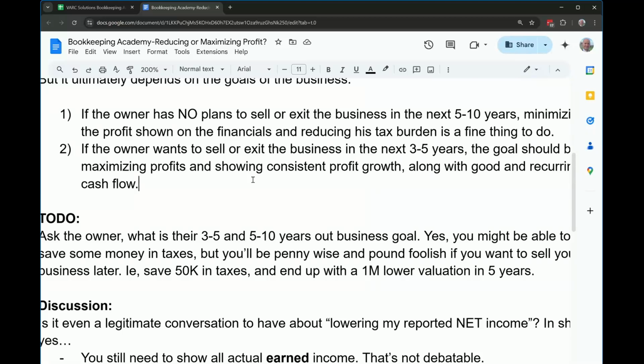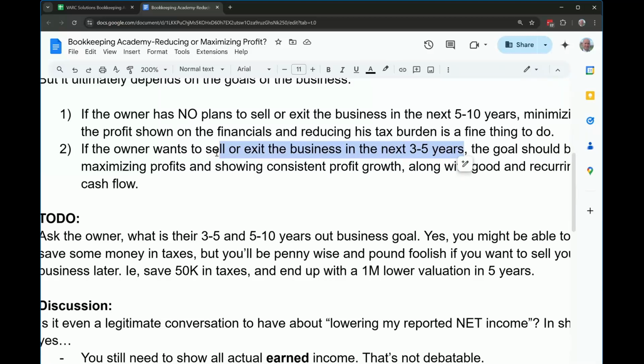But there's other family-based businesses, where I might have started this business back in the 1950s, and then I handed it off to my son or daughter, and then they've grown it the last 30 years, and now their plan is to hand it off to my granddaughter, that kind of thing. When you've got generational family-based businesses, you're not looking to sell that business and make 20 million, 100 million, or whatever.